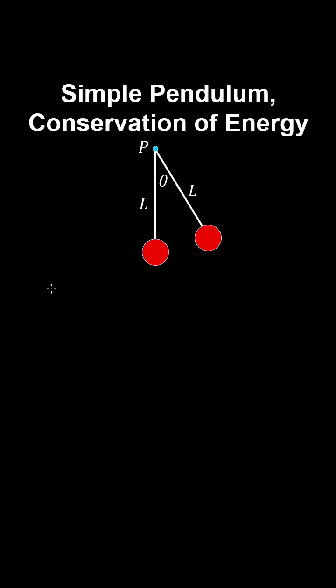For a simple pendulum, the total energy consists of the kinetic energy of the mass, which is 1/2 by the moment of inertia by the square of the angular velocity, plus a gravitational potential energy term. So note that the mass is displacing by some amount against the gravitational field.